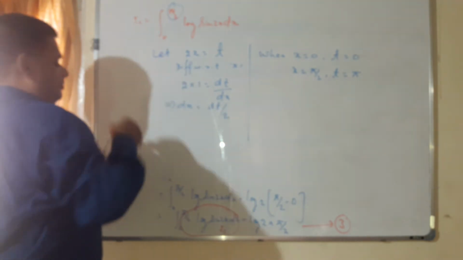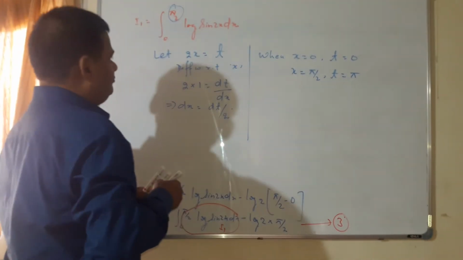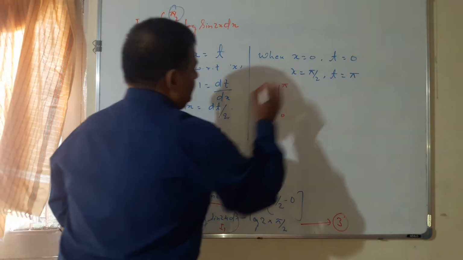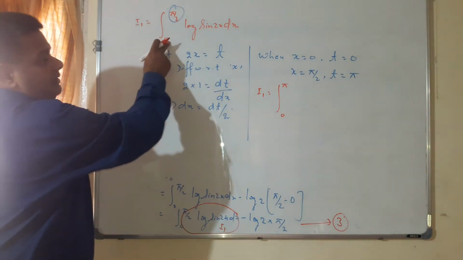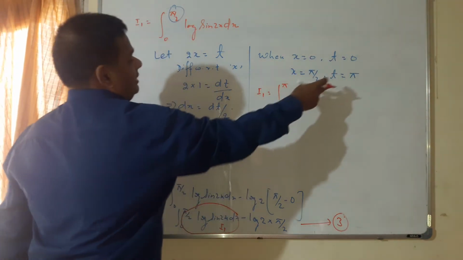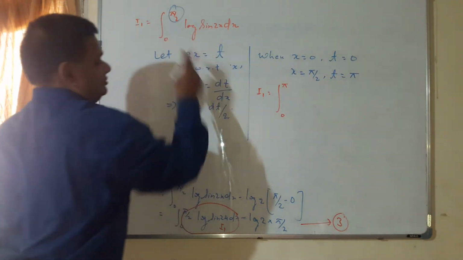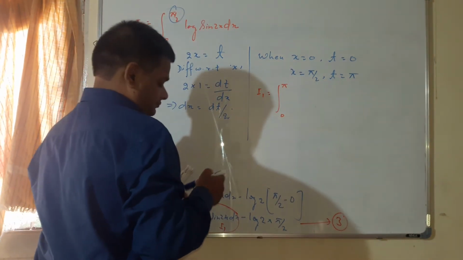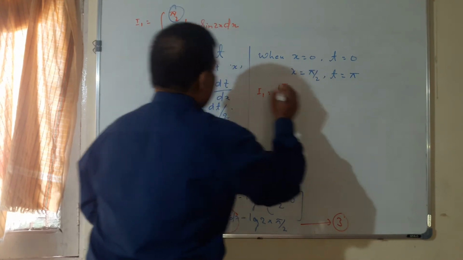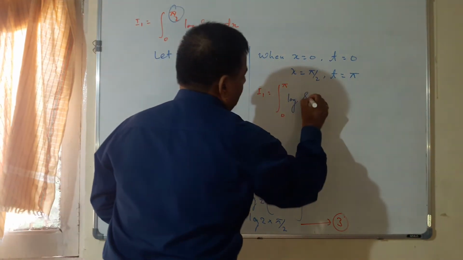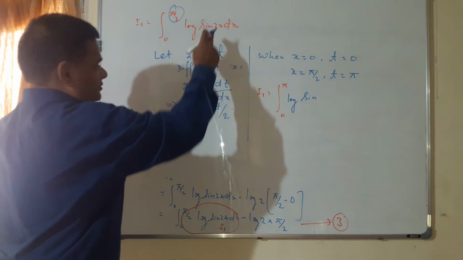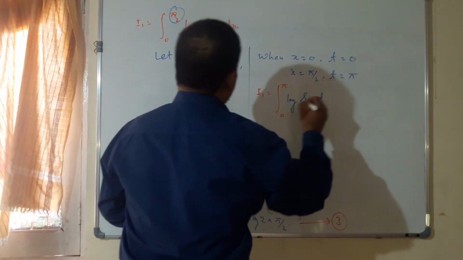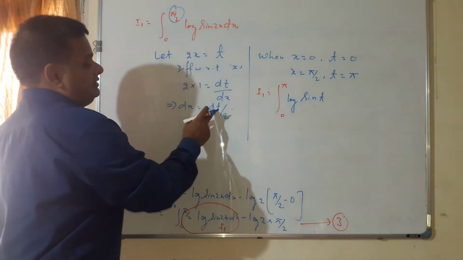Now write down I1. So I1 is equal to integral 0 to pi, lower limit 0, upper limit now pi, of log sin 2x, where 2x is t, and dx is dt by 2.